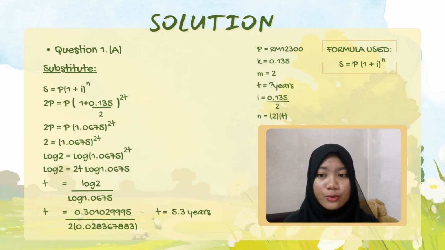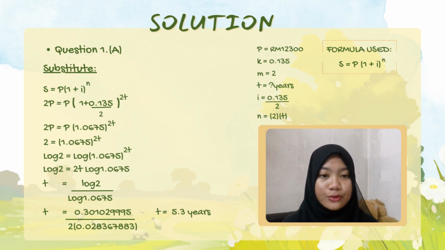Then we move the power 2t to the front of the log, so we have log 2 equals 2t log 1.0675.